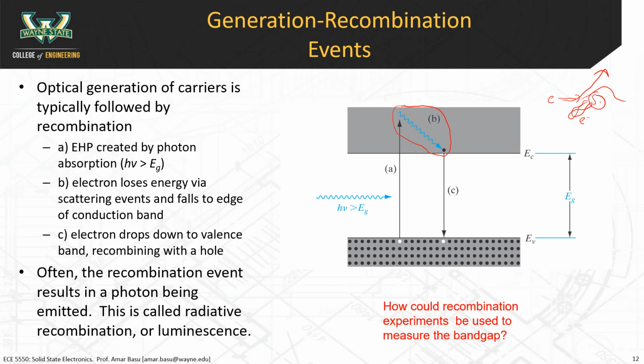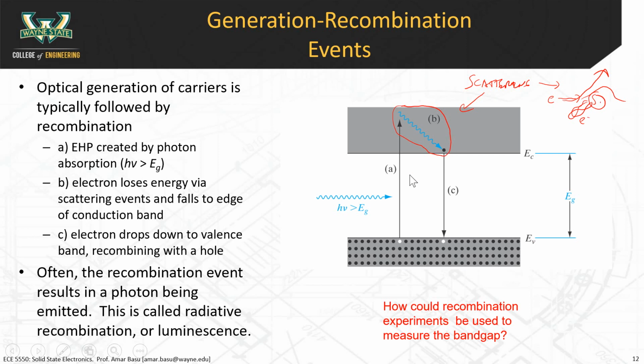Scattering events are shown in the energy band diagram, and this is the physical model. Apologies for my terrible writing. So the electron loses energy via scattering events until it gets to the edge of the conduction band.